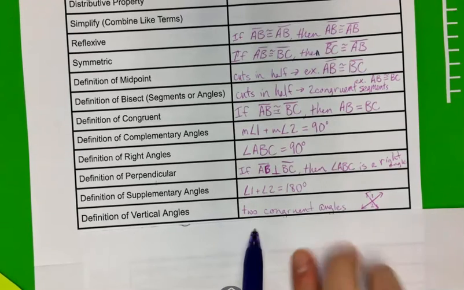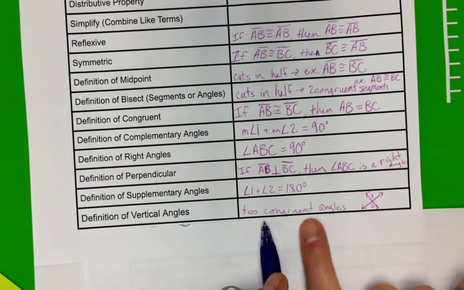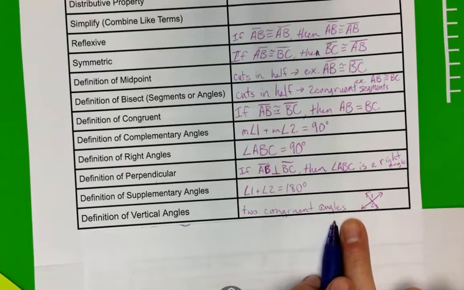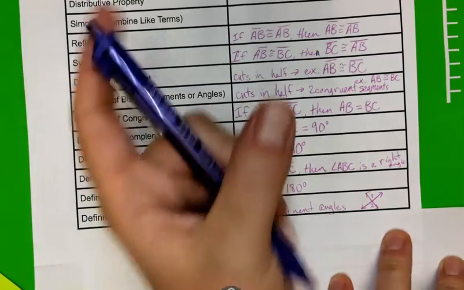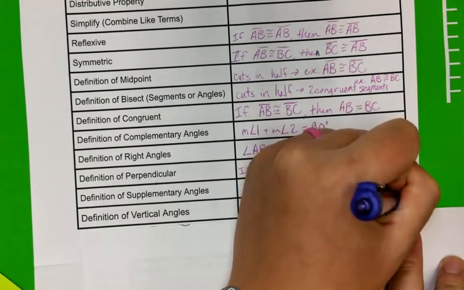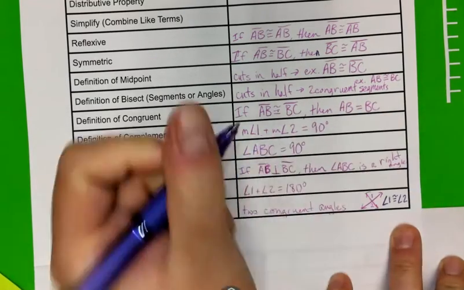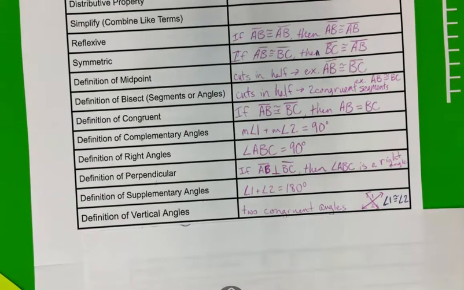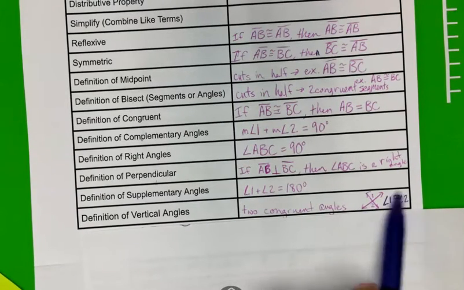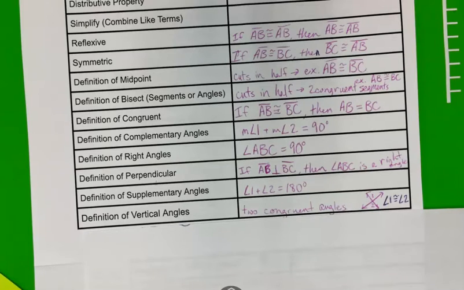And then vertical angles are just two congruent angles, angle 1 and angle 2. So angle 1 is congruent to angle 2 because they're vertical. The picture will show that they're vertical, and then the statement will show that they are congruent.